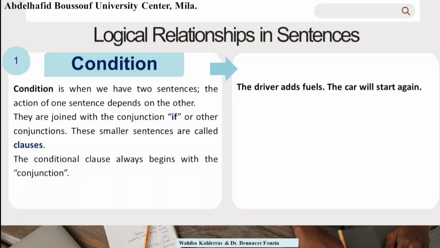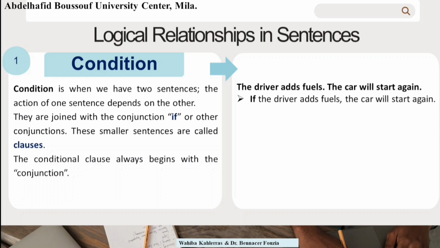So here we might think of no relationship between the two sentences. But if we have two sentences and we want to join them into a full sentence and make logic between them, they're no longer independent sentences. They both start belonging to one greater sentence joined with condition, for example.